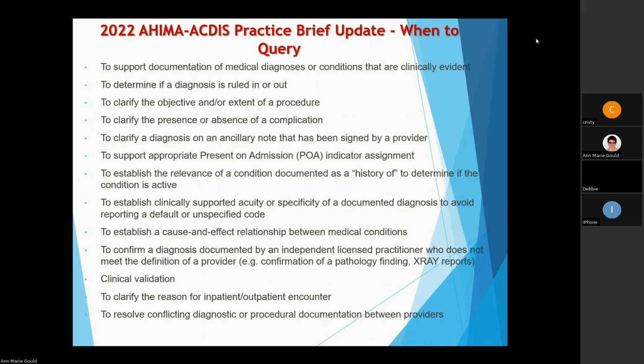Establish clinically supported acuity or specificity of a documented diagnosis to avoid reporting a default or unspecified code, like we said earlier, as well as cause and effect relationship between medical conditions, and to confirm a diagnosis from another independent practitioner who is not taking care of that patient. That's like your path reports and radiology reports.